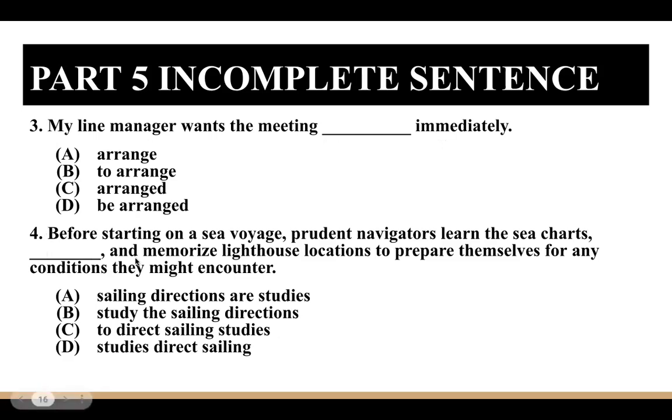Before starting on the sea, this is probably about parallel structure, right? I can say that just because you can see starting on the sea, learn the sea chart, memorize lighthouse location to prepare themselves for any conditions they might encounter.